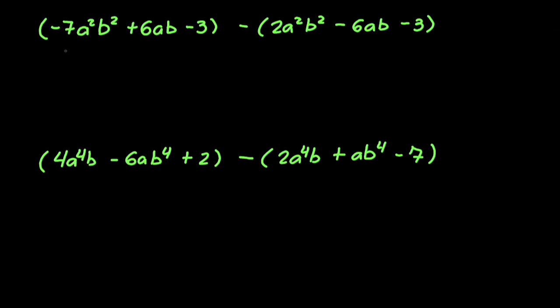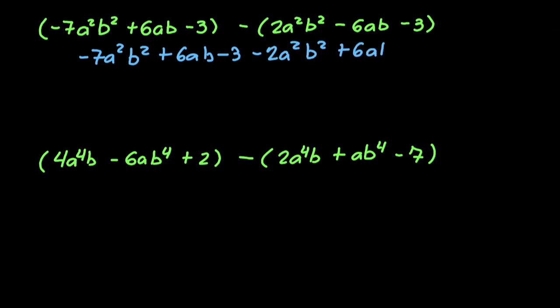So it will become negative 7a squared b squared plus 6ab minus 3 minus 2a squared b squared plus 6ab plus 3.